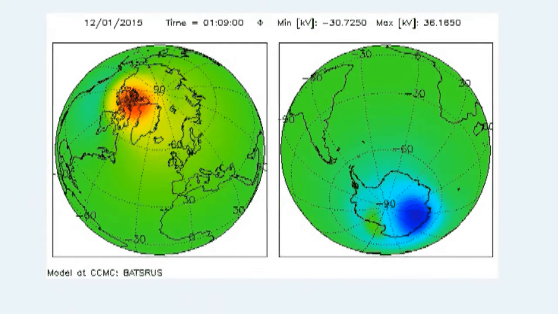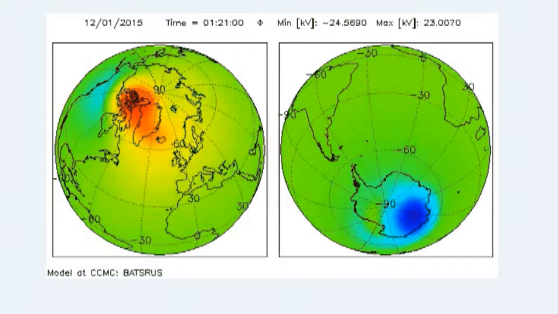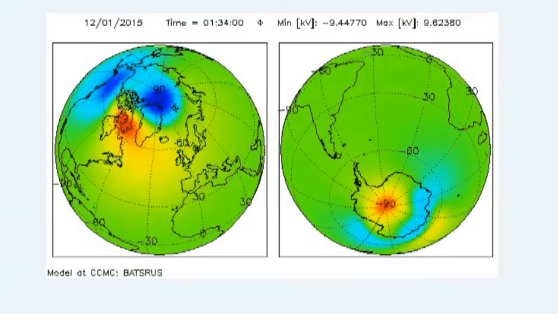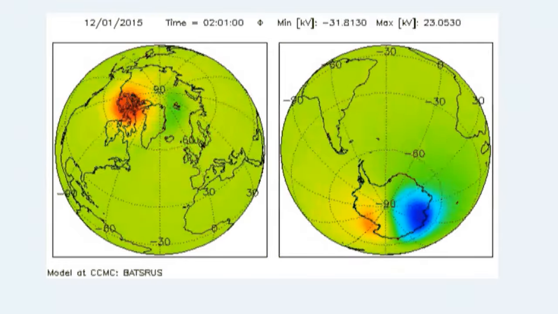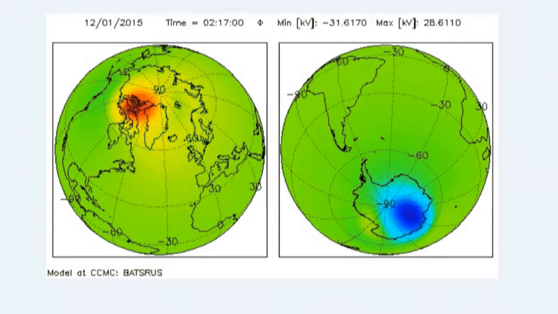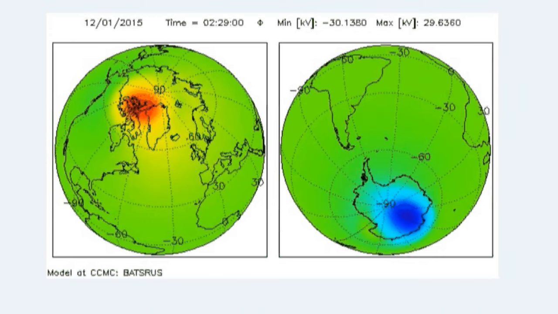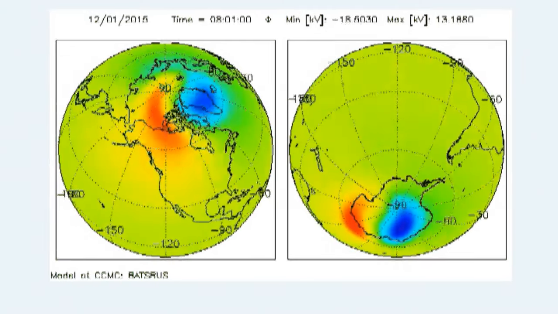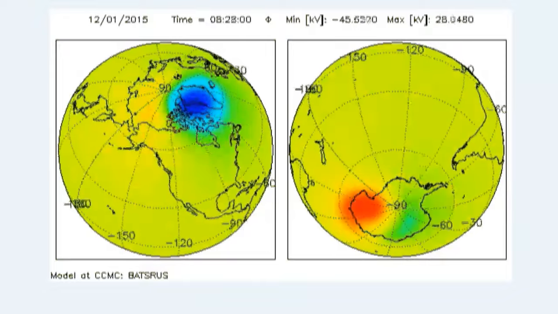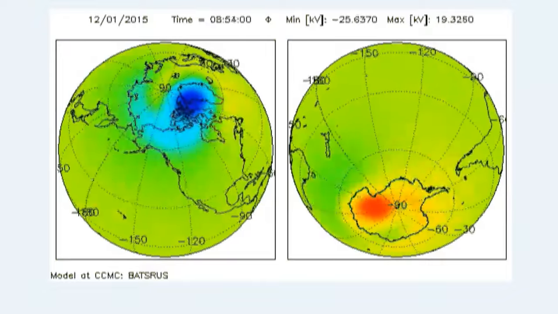This is the reaction of the ionosphere to the morning shift of IMF orientation. And this is the behavior of the ionospheric electric potential during the reconnection soon before the substorms.